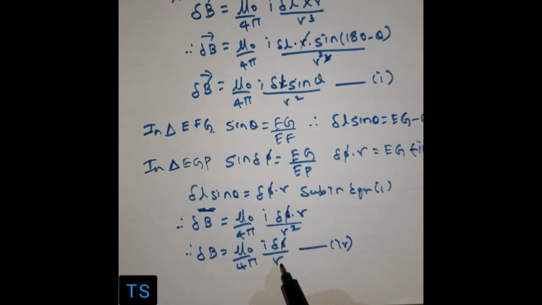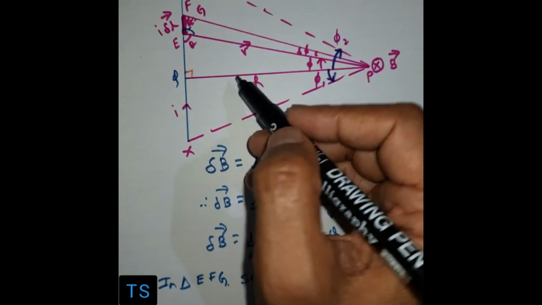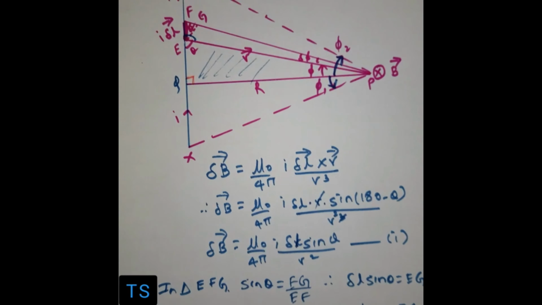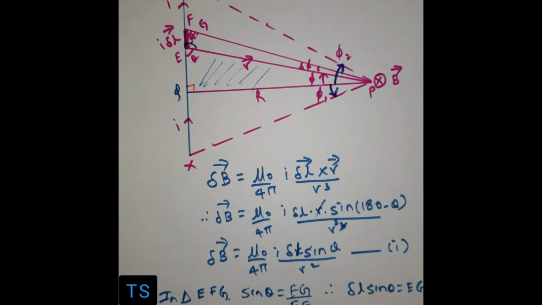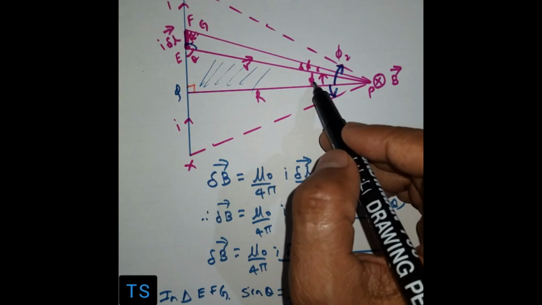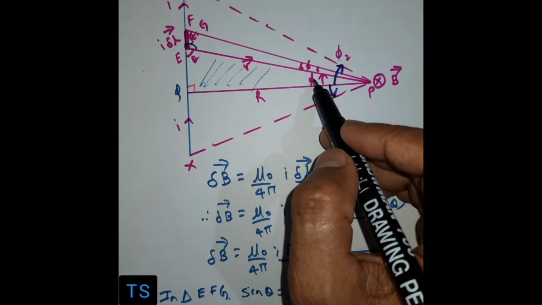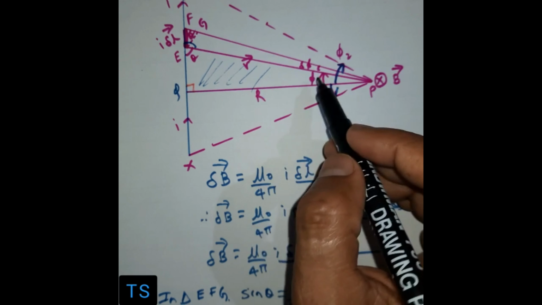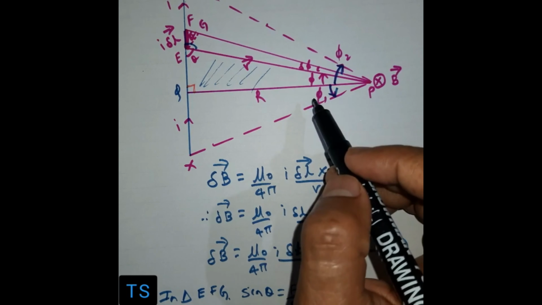Now we find the value of r from this triangle. How do we get the value? I know this is phi, so sine phi or cos phi should give me the relation between small r and capital R. So if I find cos phi, that will help me.